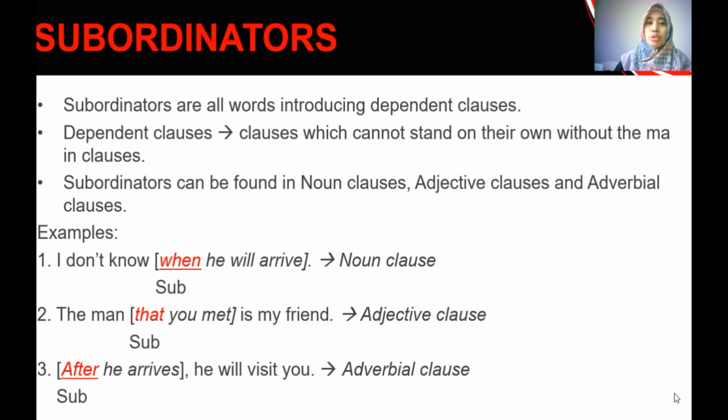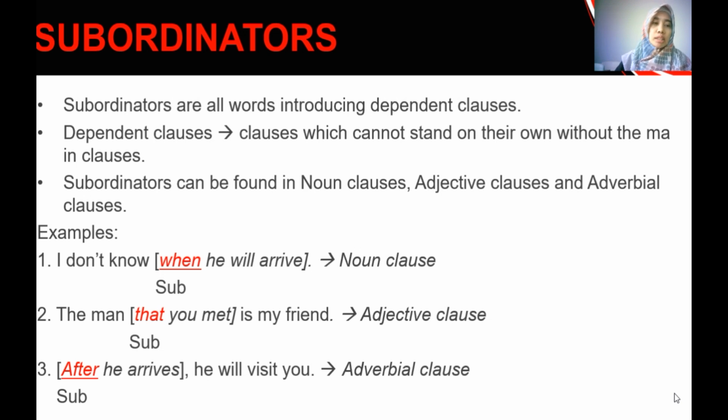I'm not going to describe each type of these clauses in detail because we're going to focus on this in the next meetings. But I'm going to tell you that noun clauses are the clauses that function as a noun, adjective clauses are the clauses that function as the adjective, and adverbial clauses are the clauses that function as the adverbs.